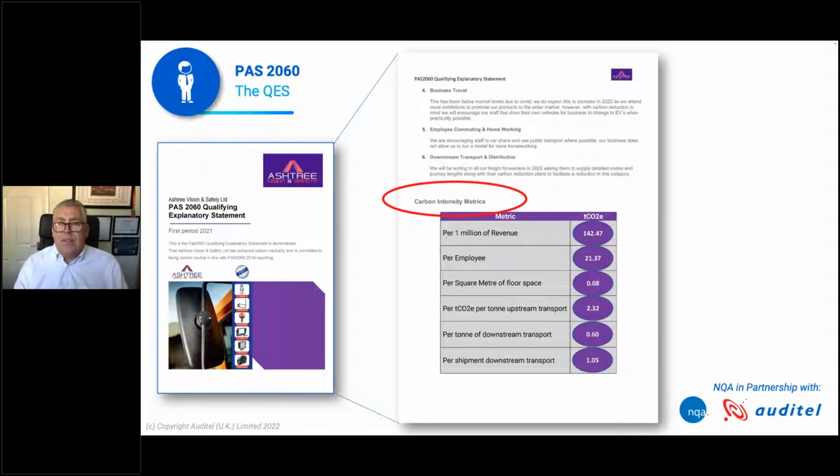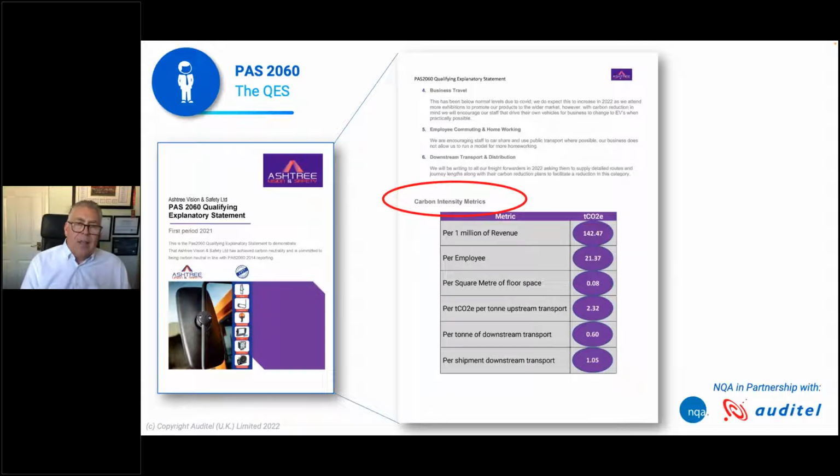But if you're a business that has big shifts in it, or very ambitious growth plans, then carbon intensity metrics are how you KPI it. So what we've done here is bring these carbon intensity metrics in, and we're saying currently per £1 million of revenue, you're producing 142.47 tons of carbon.